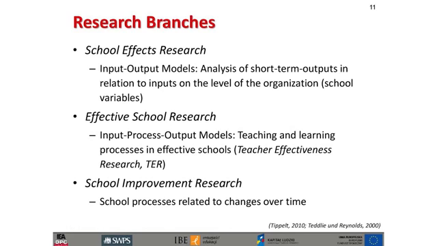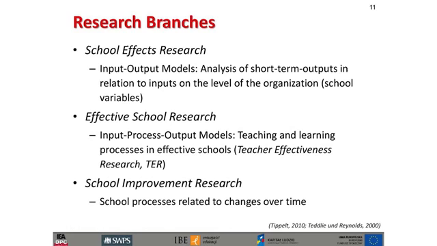To have a wider understanding over the structure of school effectiveness research, I would like to present to you some research branches that occurred. They result from different research traditions, as you will see in a minute. So the first one is the school effects research.